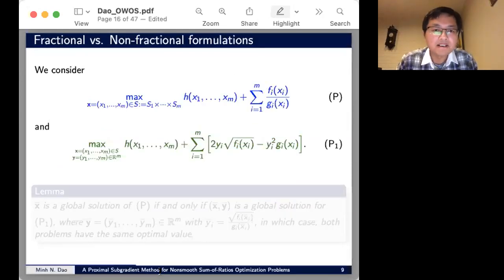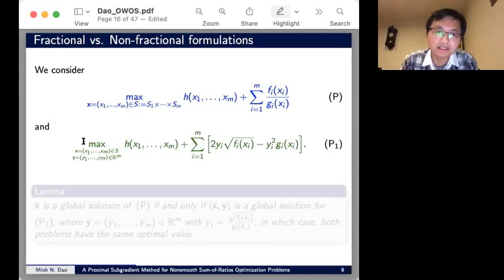Now, in order to introduce our methods, we remark that actually we have an equivalent non-fractional formulation for problem P here.